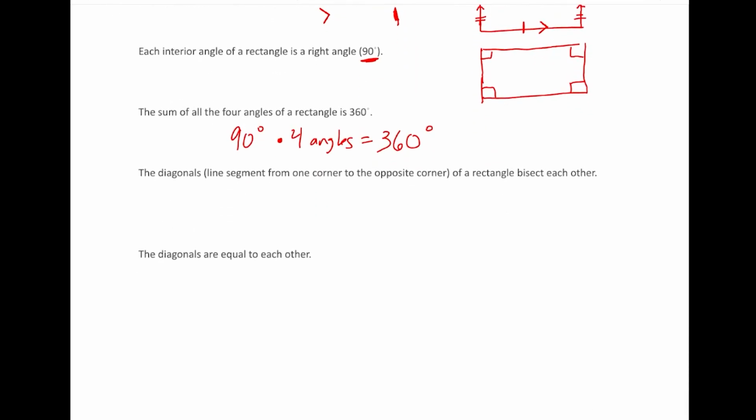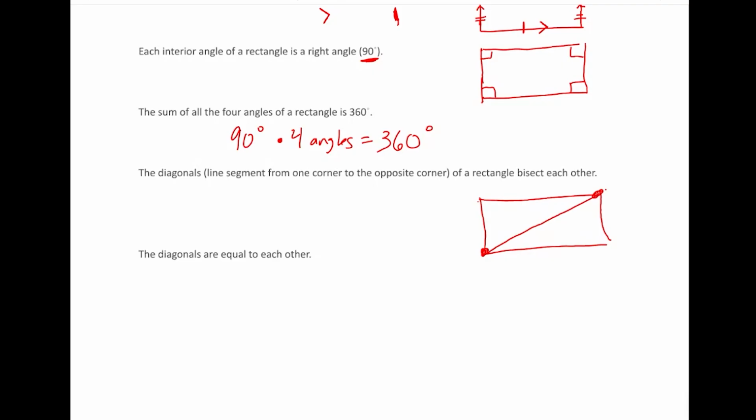Next, the diagonals. So the diagonals of a rectangle are going to be line segments that connect opposite vertices. So like the two corners that are opposite of each other. So if I draw a rectangle here, one diagonal would go from this vertex to this vertex. So that's a diagonal. And then a rectangle will actually have two diagonals.